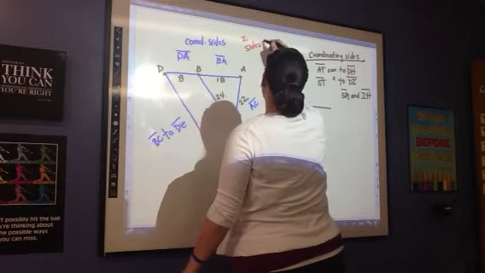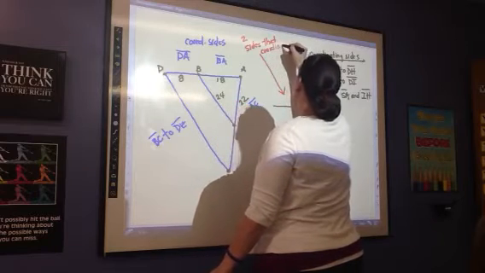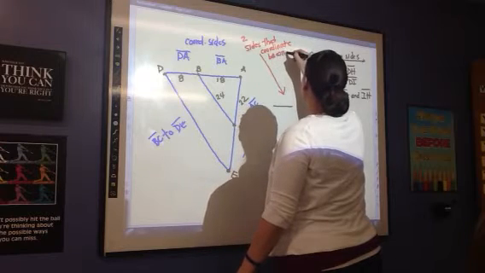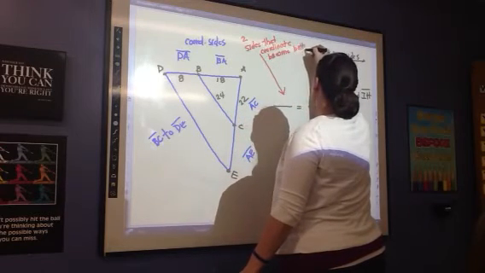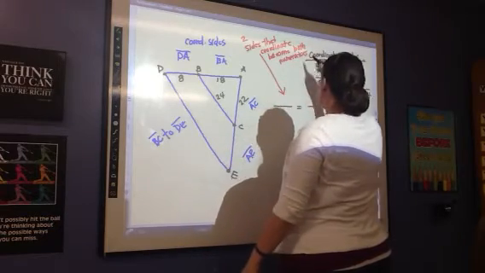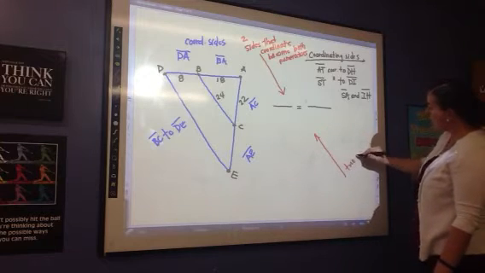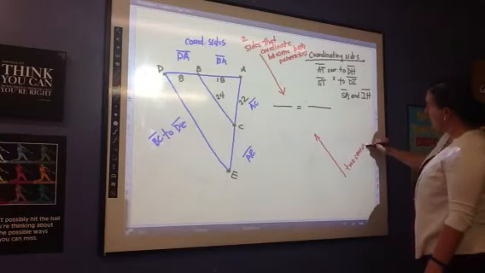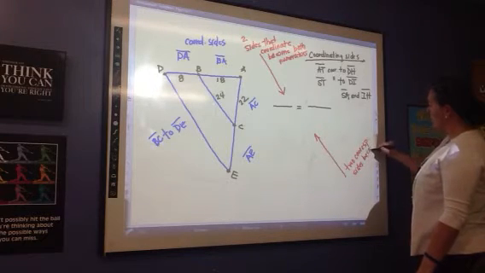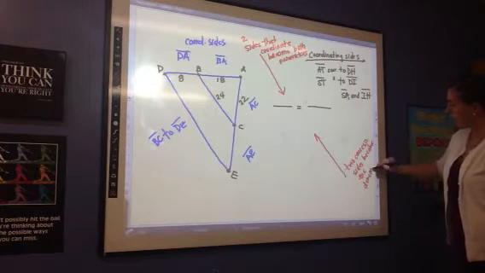Two sides that coordinate become both numerators. And then two corresponding sides become the denominators.